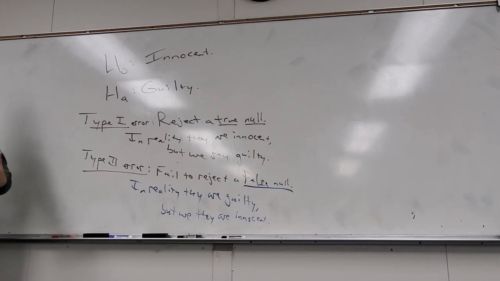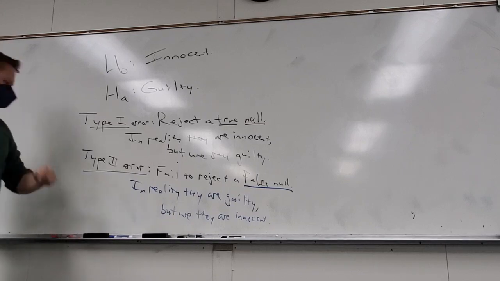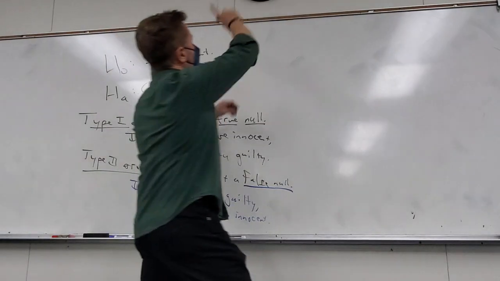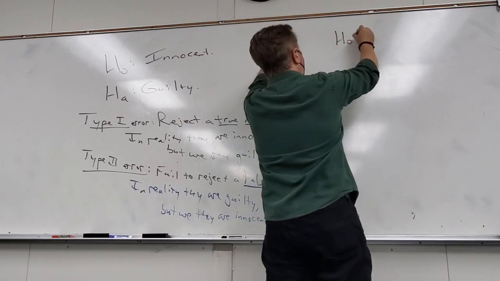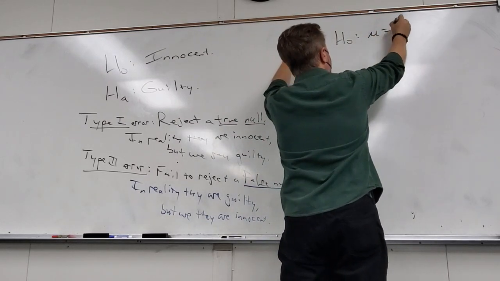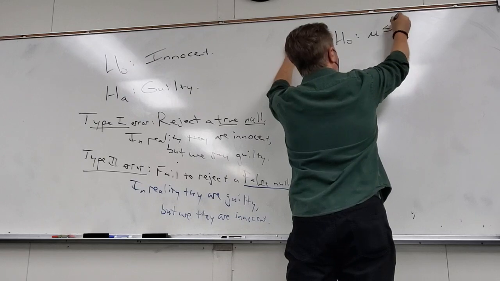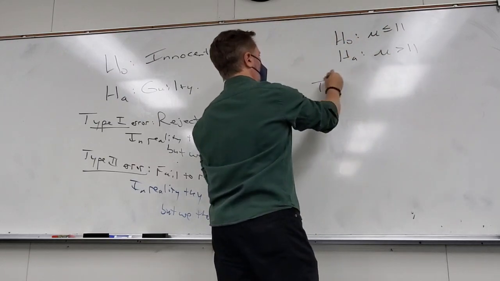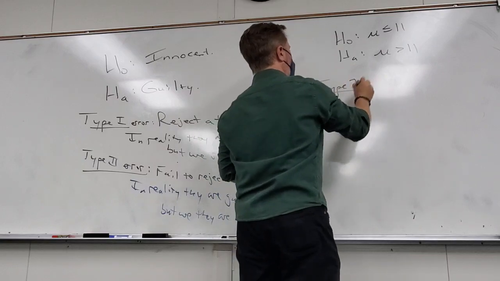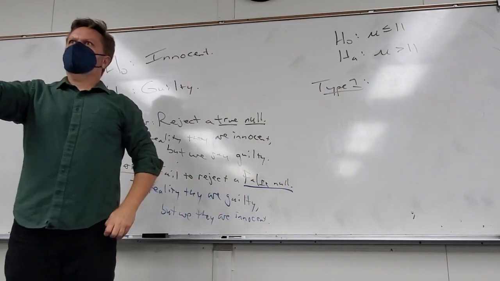Does that make sense? So let me give you one last example. Let's say something less interesting. Let's say the null is that the mean is less than or equal to 11, and the alternate is the mean is greater than 11. So what would a type 1 error be? Reject a true null.